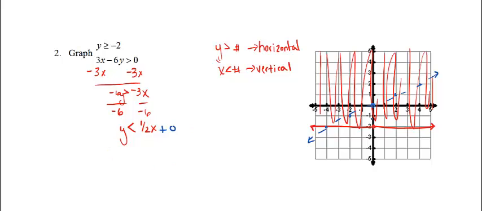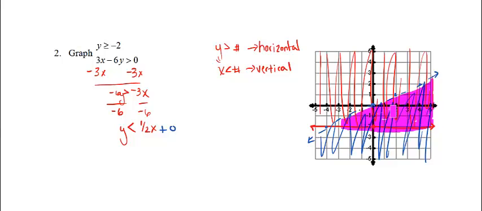And I want less than this, so less than 0 is -1, so it's everything below that blue line. Again, I want the region where these two shadings overlap, so that region happens to be here. So anything in this region is going to be my solution.